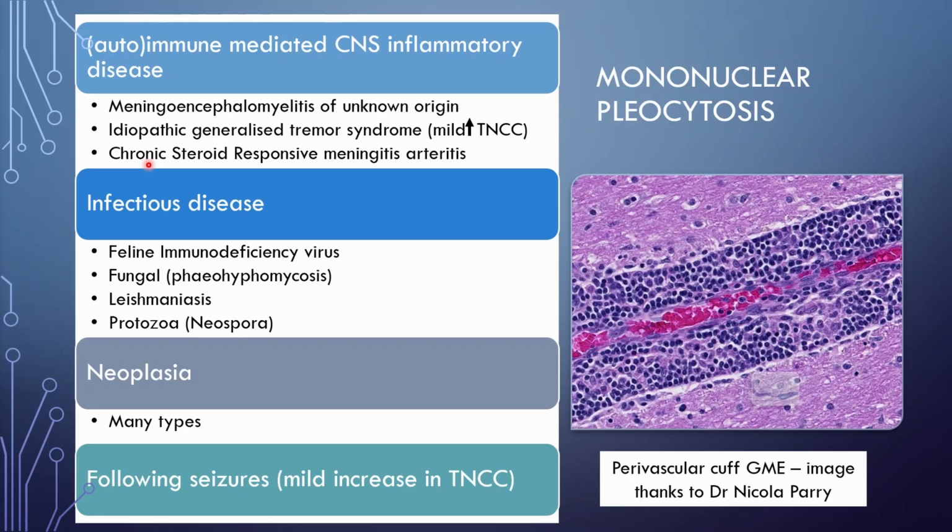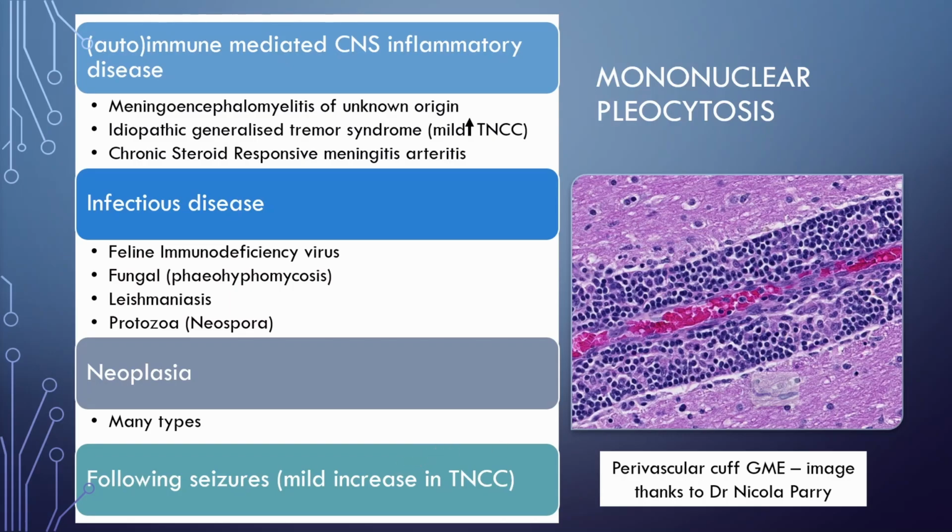So it can be kind of waxing and waning, and when it goes into that chronic phase, you may find a mononuclear pleocytosis. You can often see this also with other types of neoplasias, and you can also see it following seizures, a very slight increase in total nucleated cell count it should be, which is one of the reasons why CSF analysis can sometimes be quite frustrating and unrewarding when you're working up idiopathic epilepsy because of very non-specific changes.